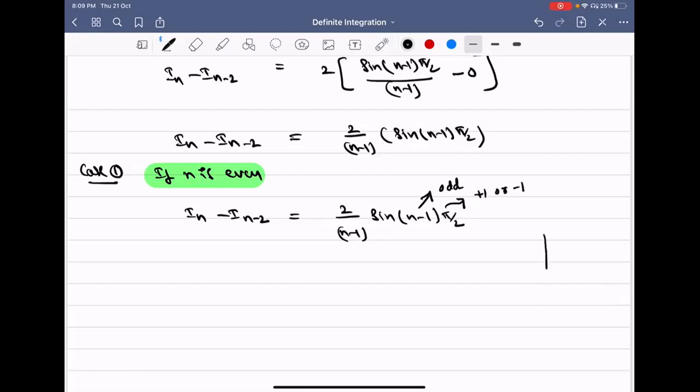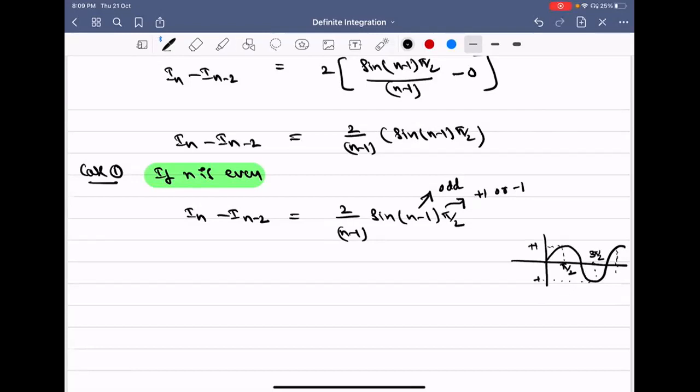Because if you see the graph of sin x, it will be like this. Sin pi by 2 is 1, next sin 3 pi by 2 is minus 1, next sin 5 pi by 2 is again plus 1.